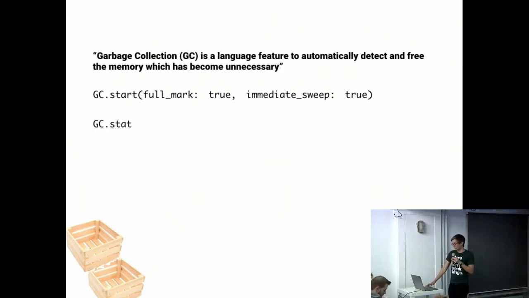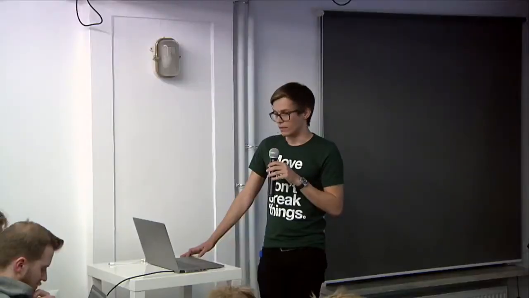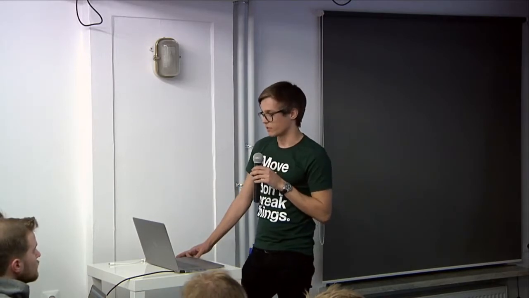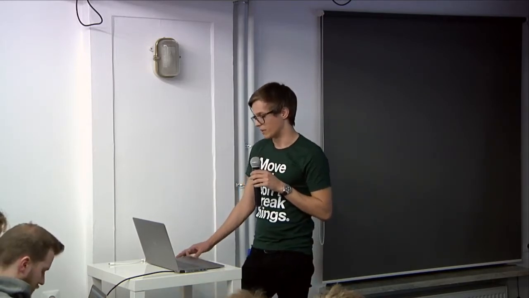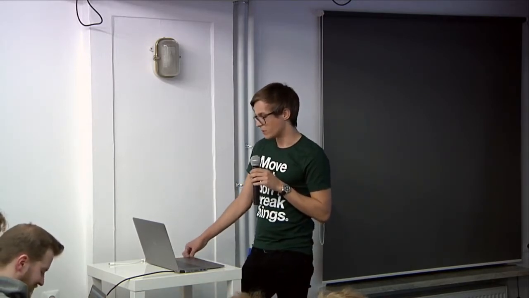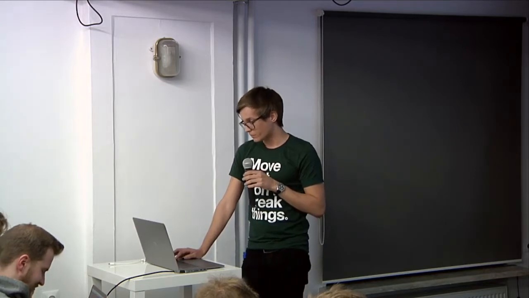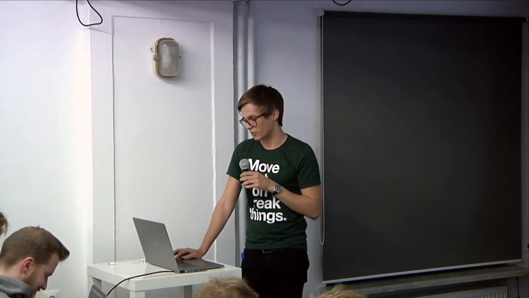But the MRI has a pretty difficult task to do because it has to call malloc and ask for memory from the operating system, and then decide where to place objects and how to free them. And the garbage collector, the GC, is responsible for doing that.